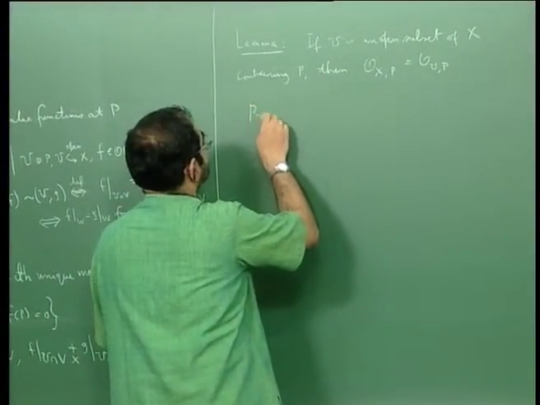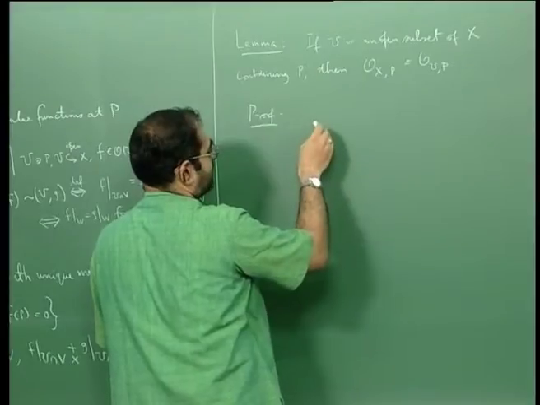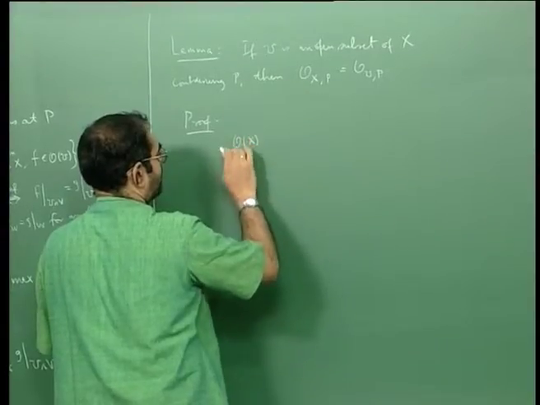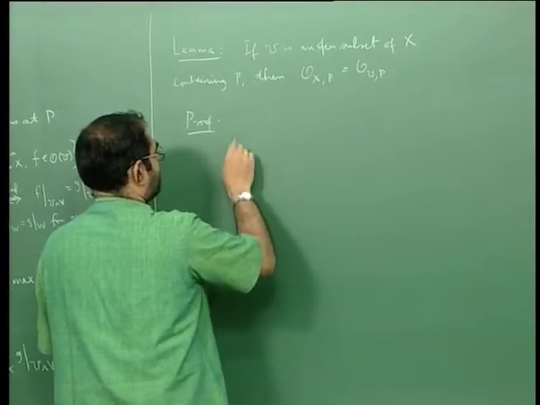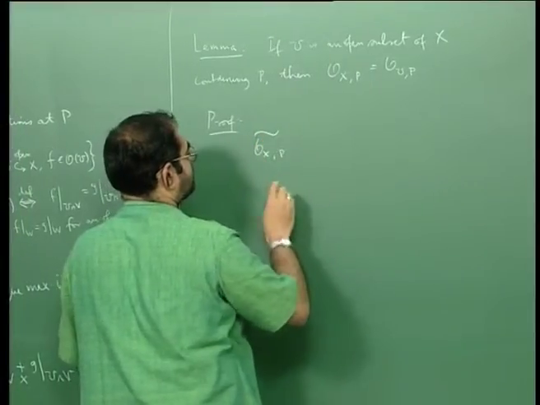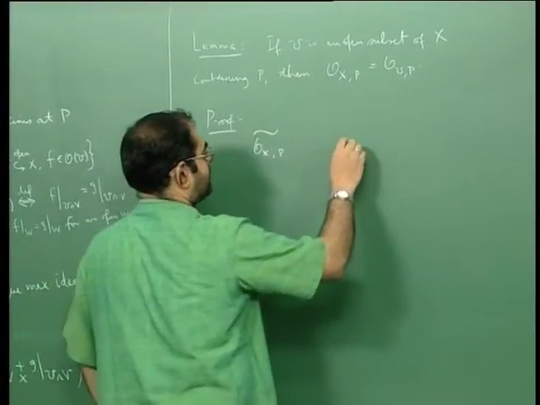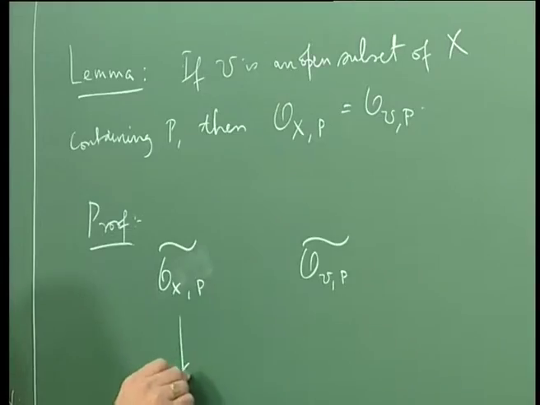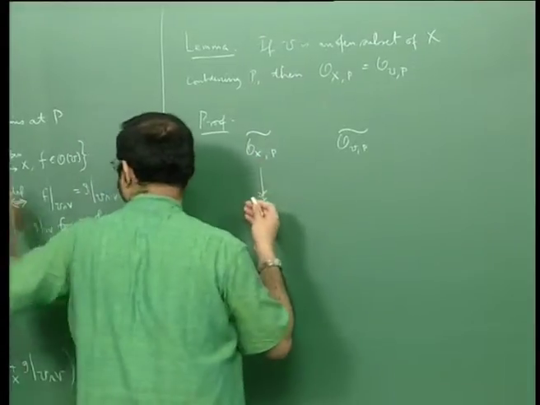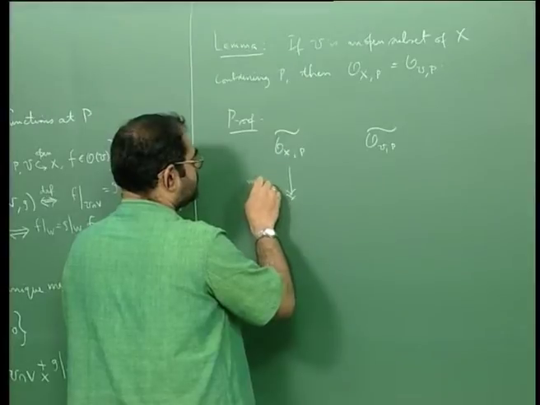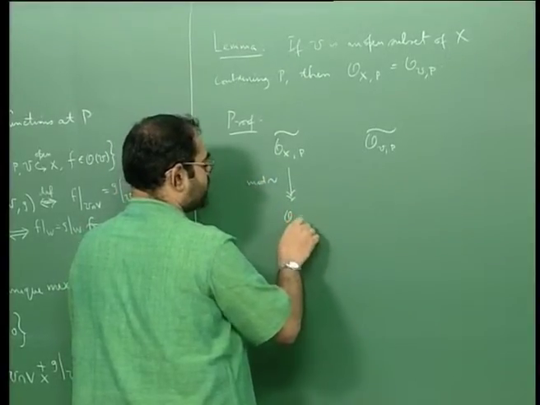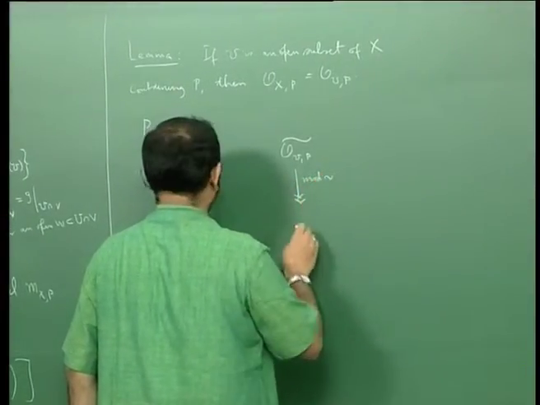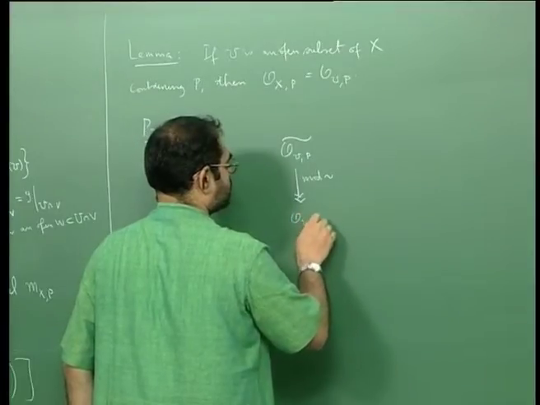So the proof is rather simple. You have O_{X,P} tilde, and there is O_{U,P} tilde, and the quotient of O_{X,P} tilde by the equivalence relation as I have defined here is going to give me the local ring O_{X,P}, and similarly if I take the quotient by this equivalence relation here I am going to get the local ring O_{U,P}.